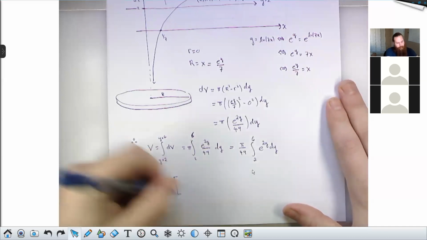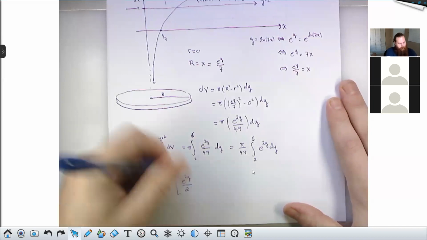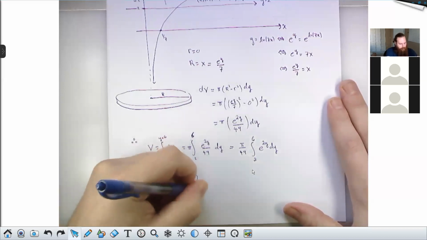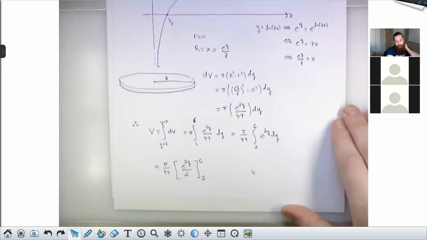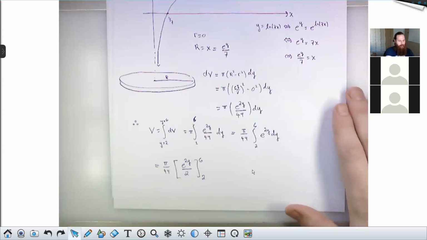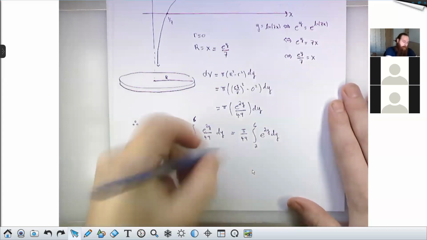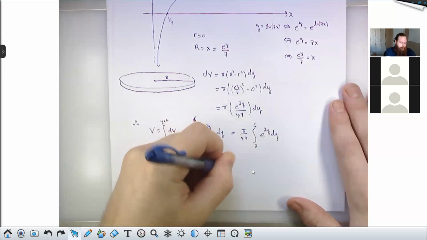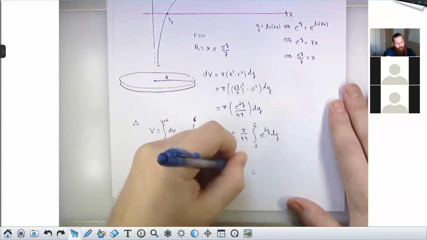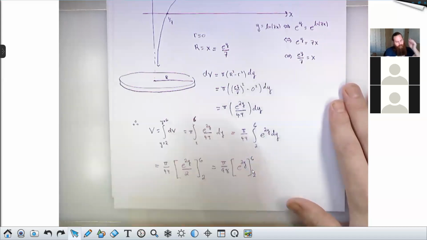The antiderivative for e to the 2y is e to the 2y over 2. And I'll evaluate that between 2 and 6. The over 2 can pop out also. I'll get 98. So it'll be pi over 98 times e to the 2y evaluated between 2 and 6.